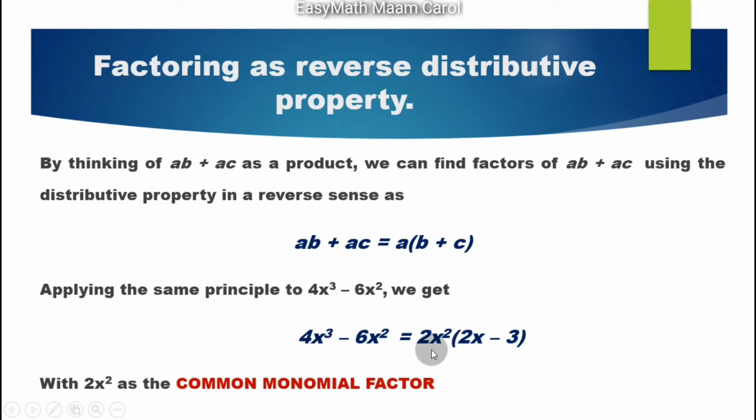X cubed divided by x squared is x. Diba? Kasi isusubtract lang naman natin yan. And then minus. So, 6 divided by 2 is 3. And then yung x squared divided by x squared cancels out. Kaya 3 na lang yung nasa loob niya. And yung 2x squared na nasa labas, yun yung tinatawag natin na common monomial factor.